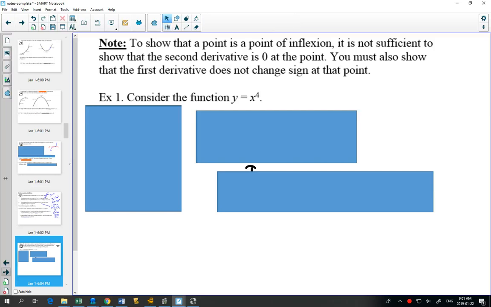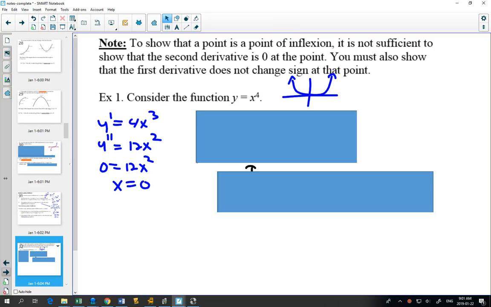So here we have x to the 4. X to the 4 is like an x squared graph that's just flat. This graph has no points of inflection. When you find your first derivative, you find out that your derivative is equal to 0.